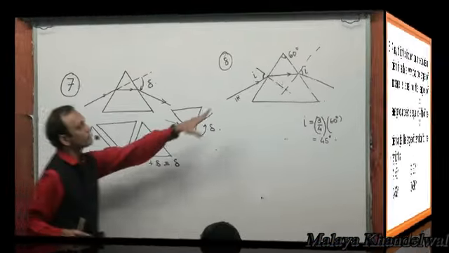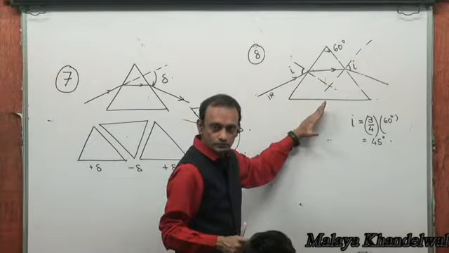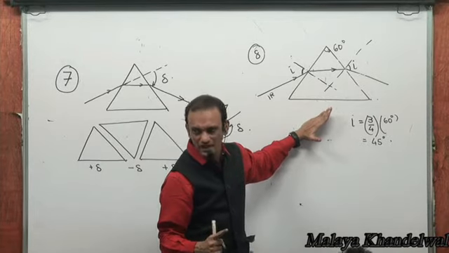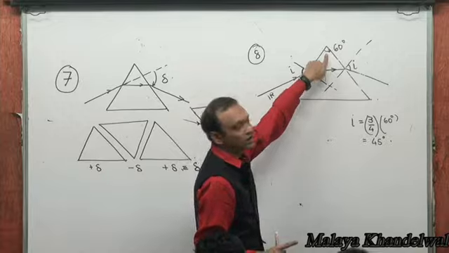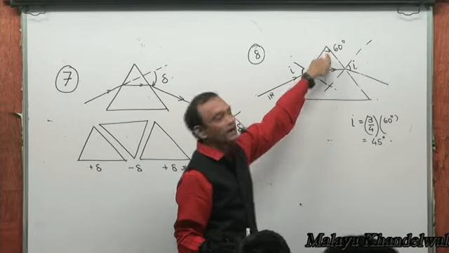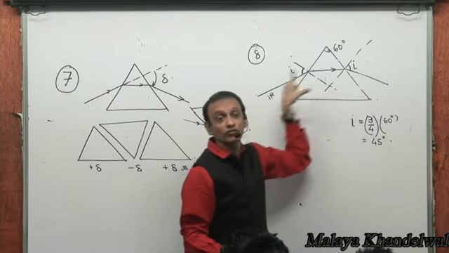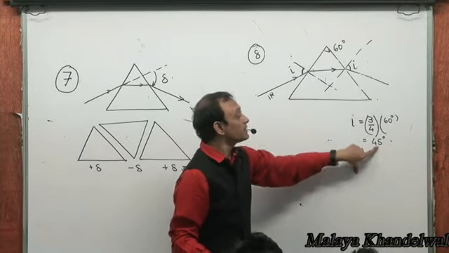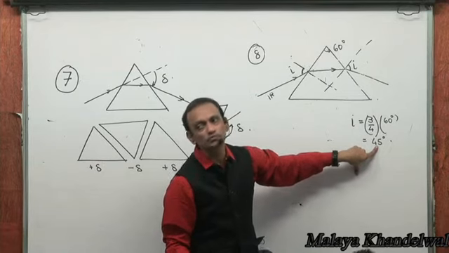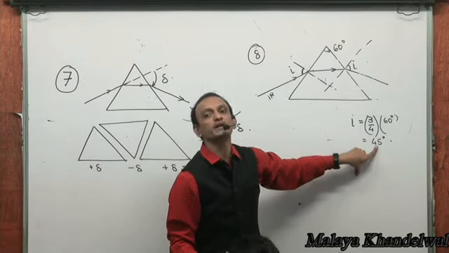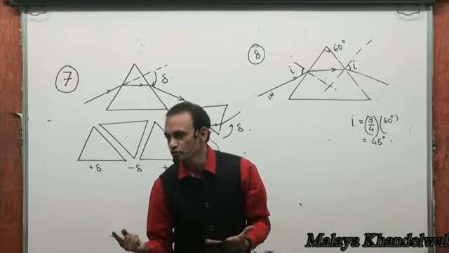The next problem is again about a prism. Given that the prism is equilateral, that means the angle is 60 degrees, and the angle of incidence is equal to angle of emergence, 3/4 the angle of the prism, so 45 degrees. I want to find the deviation produced by this prism.